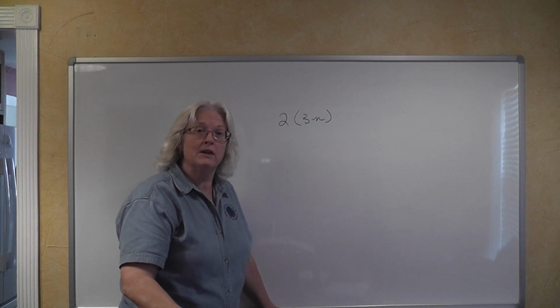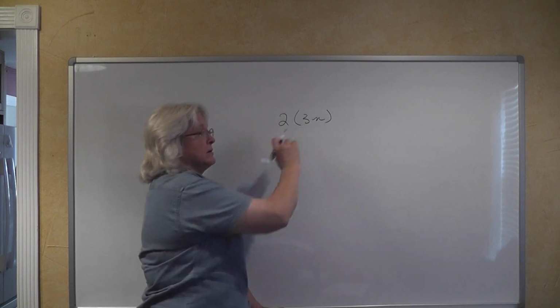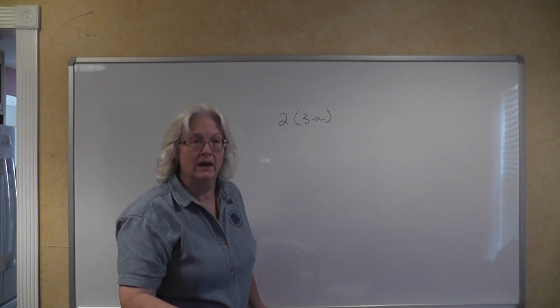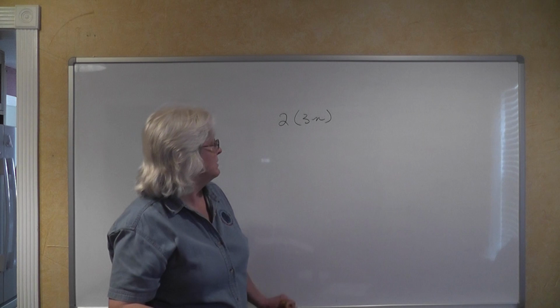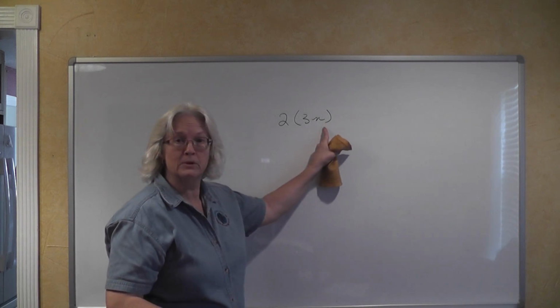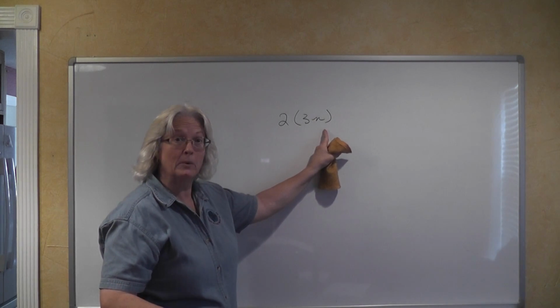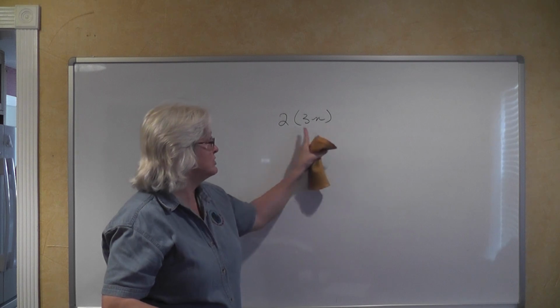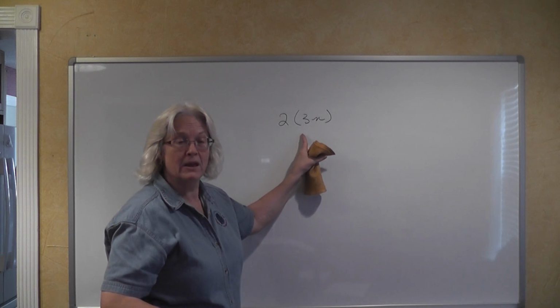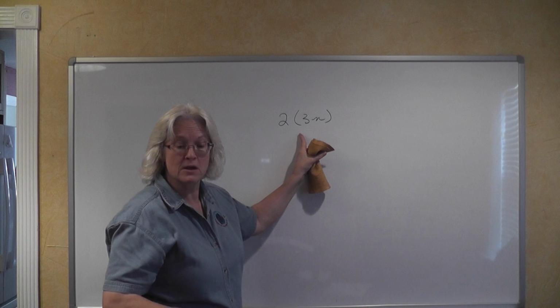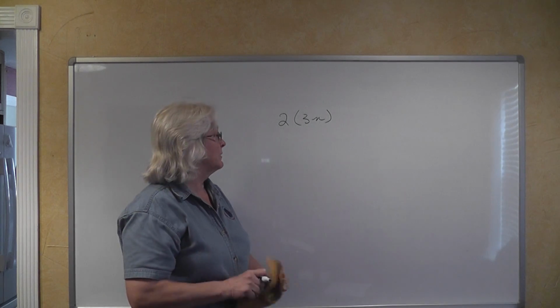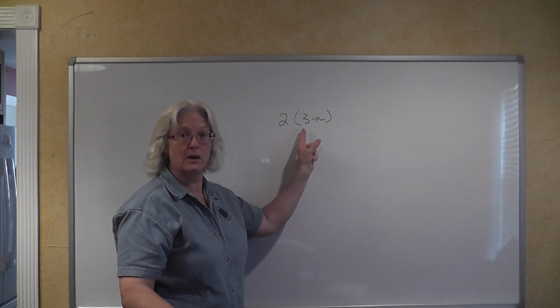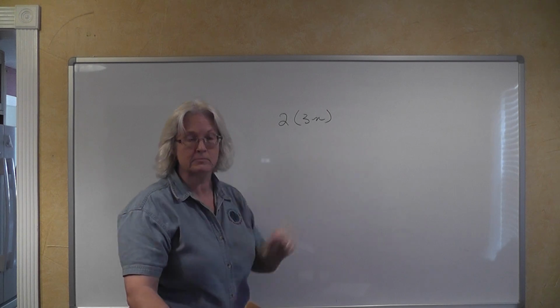The way that you would read this would be 2 times the quantity 3n. And you also know that when you have the number bumped up against the variable, that's multiplication. The number up against the parentheses also indicates multiplication. So this is really saying 2 times 3 times n.